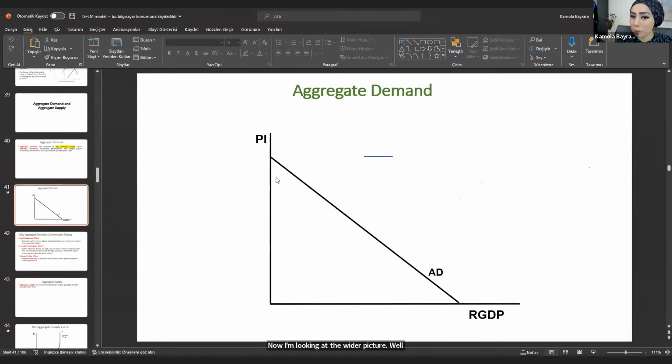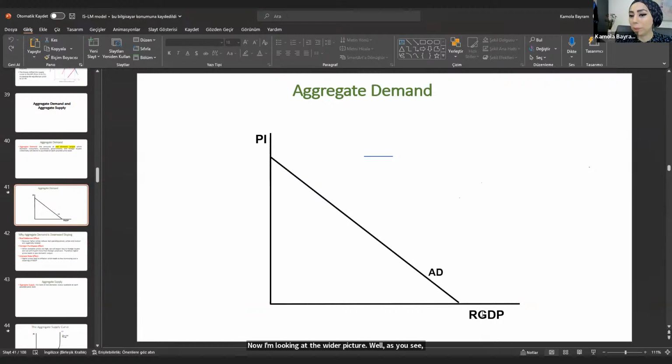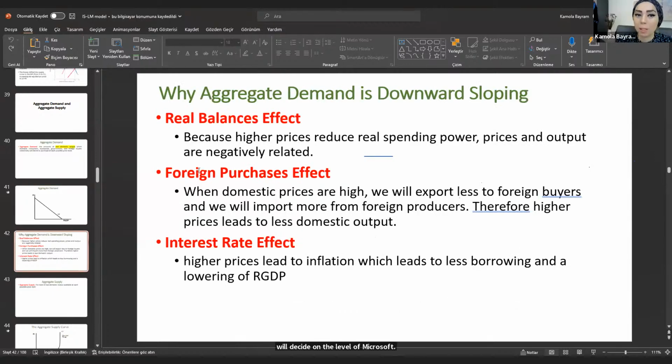Well, as you see, the price level and aggregate demand will be the same as the demand curve, right? But here I have not my income, but I have real GDP, which will decide on the level of my nation's consumption. So why is aggregate demand downward sloping?